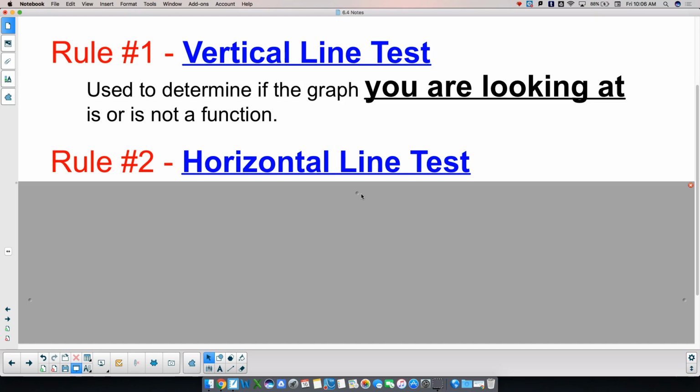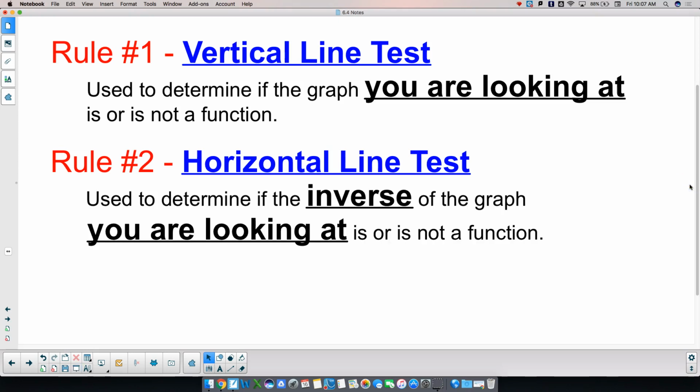So now instead of taking a vertical line and sliding it horizontally across my graph, I'm going to take a horizontal line and slide it vertically across my graph. And what the horizontal line test tells me is if the inverse of what I'm looking at is or isn't a function.